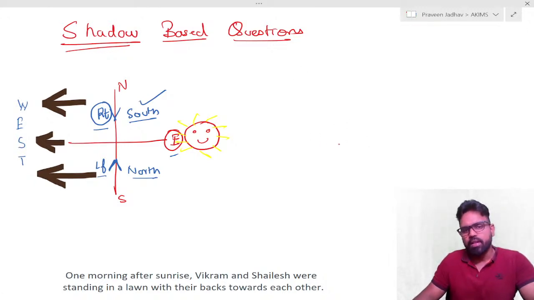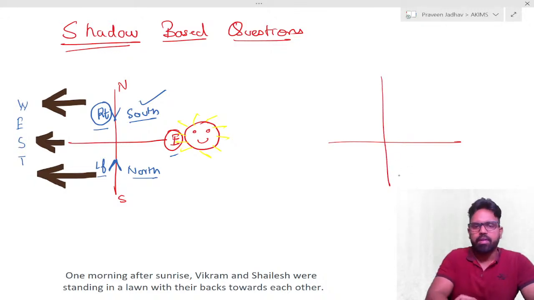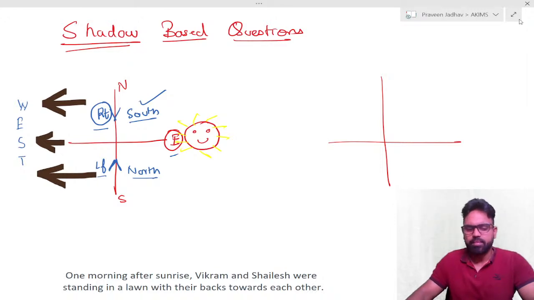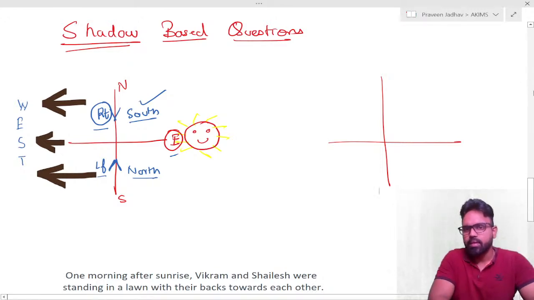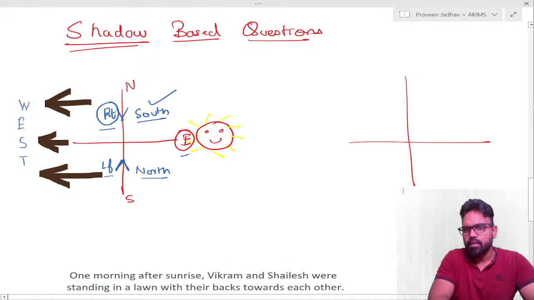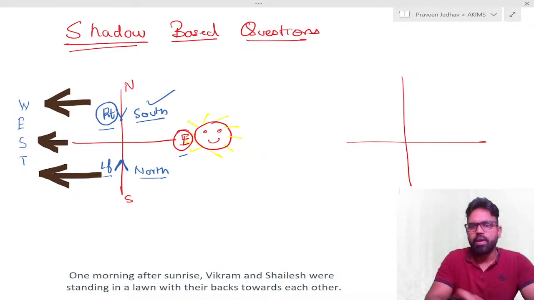If it is evening, the sun will be in which direction? East, west, north, or south? Please tell me, everyone. Where will our sun be? Sun will be in the west.